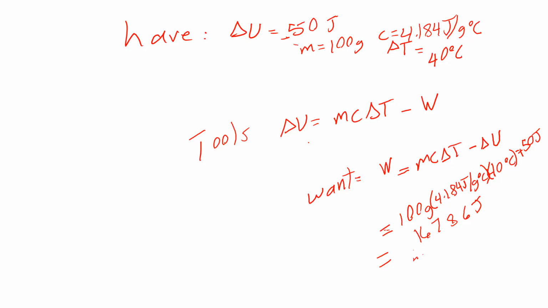You would either need to present it as 20,050 joules or as 16,786. So that's where it gets a little weird. When I actually give you problems, I'd make sure to give you 50.0 joules, 100.0 grams, so you'd have enough significant figures to not have to do that amount of rounding, because the difference between presenting your answer as 16,786 joules and 20,050 joules is a really big difference.